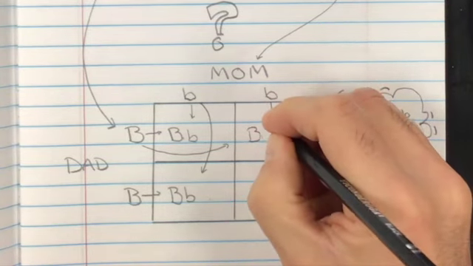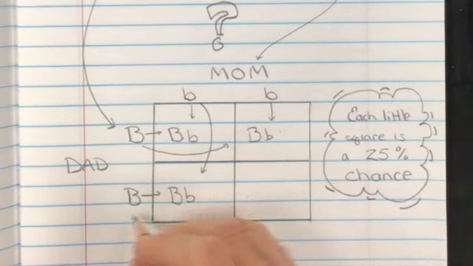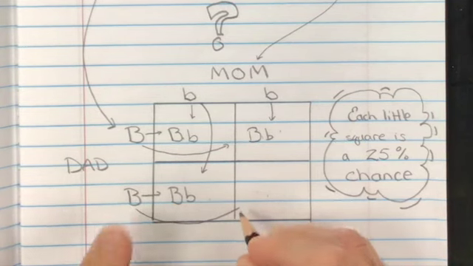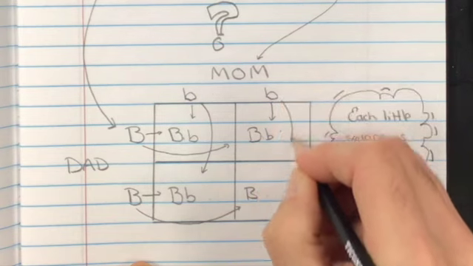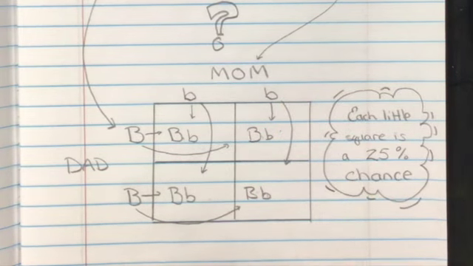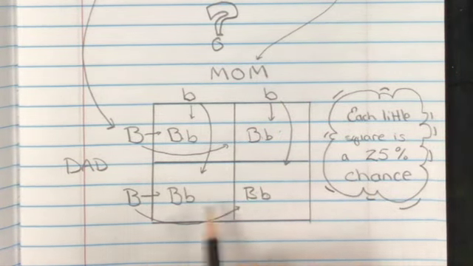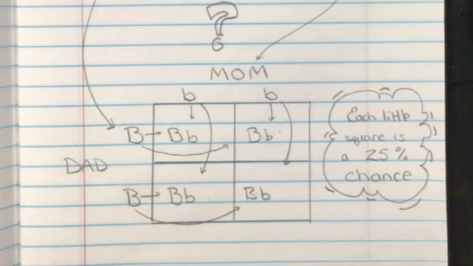Mom could contribute a recessive gene. Dad could also have this dominant gene mixed with this recessive gene. So these are the 4 combinations of children that they could make. And if you look, they're all the same. They're all hybrids. So a hybrid, remember, is one dominant and one recessive gene.